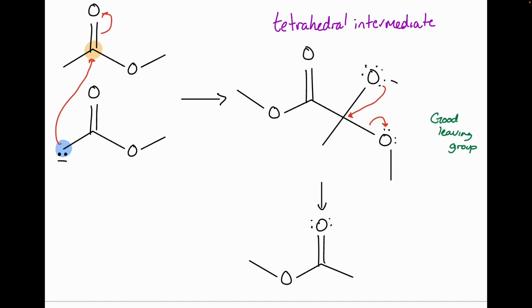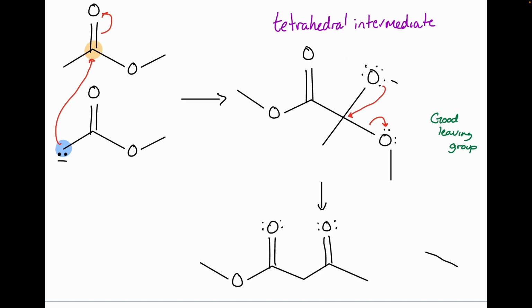Okay, so that pair of electrons will come down and reform that carbonyl group, and I'll have kicked off that leaving group. So if we were being good here and we draw our other product, it would be this methoxide ion.